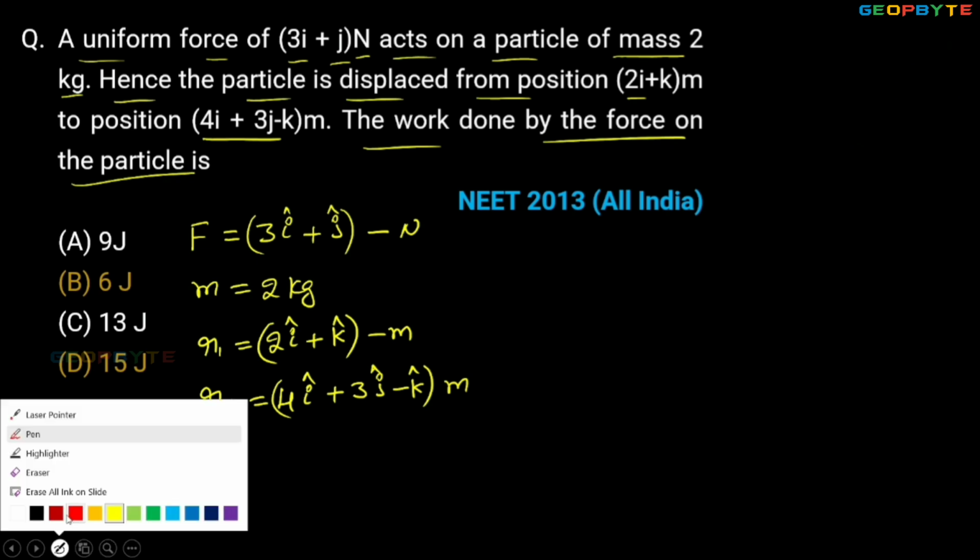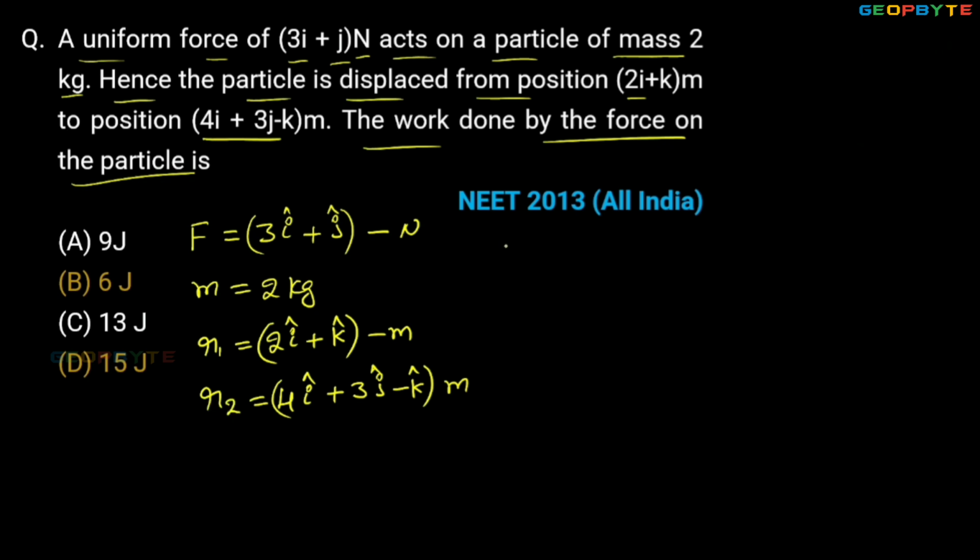For that, we need to decide the r. This r equal to net change in position equal to r2 minus r1. Okay, look at the r2 value.